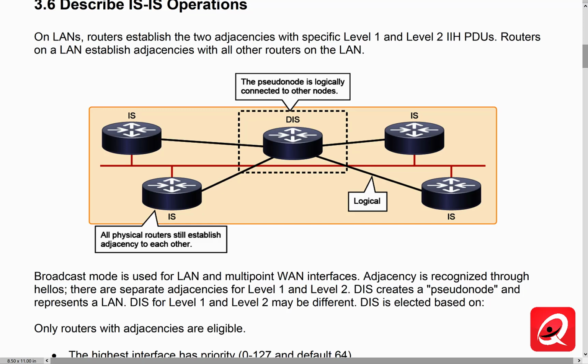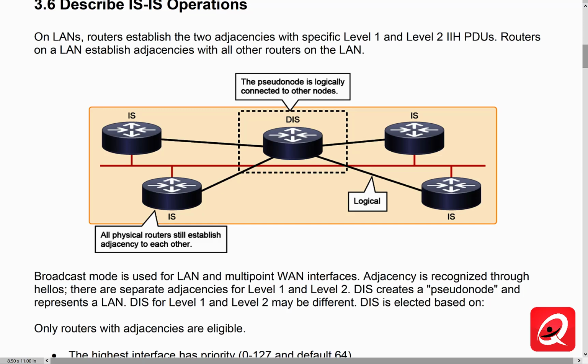This introduces a bit of a problem in a multi-access network like a LAN. And we have a similar concept in OSPF where we talk about the amount of information that has to be processed in a LAN in OSPF. And we have the DR/BDR process to kind of facilitate this.